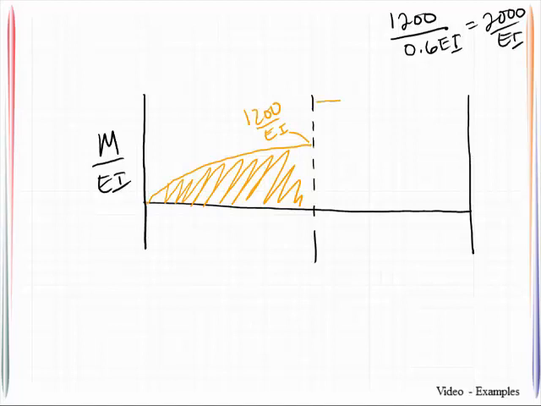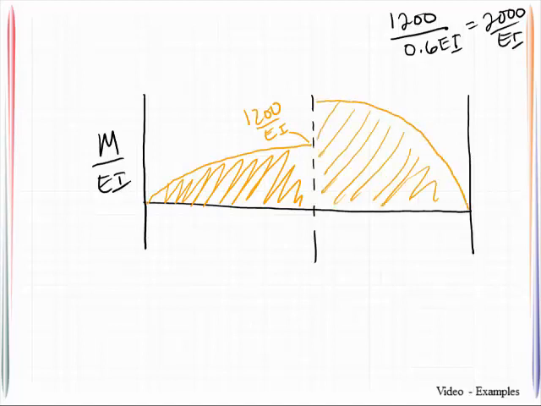So look at what our M over EI diagram looks like here, where this is the 2000 over EI. We then need to get the areas, and both of these are second order curves with a 0 slope up here and a 0 slope there.